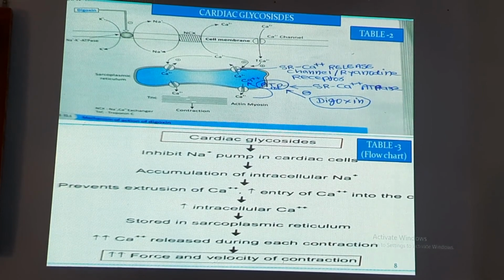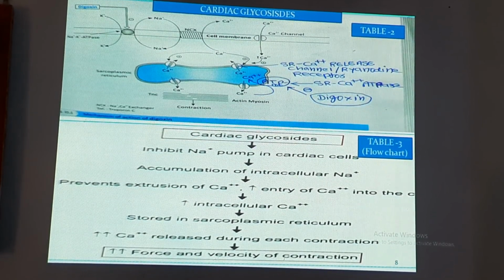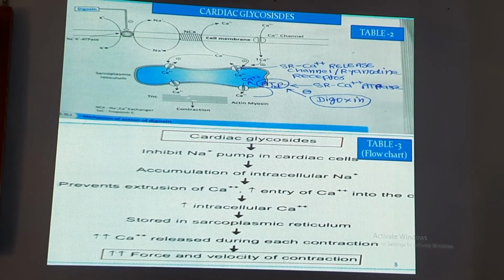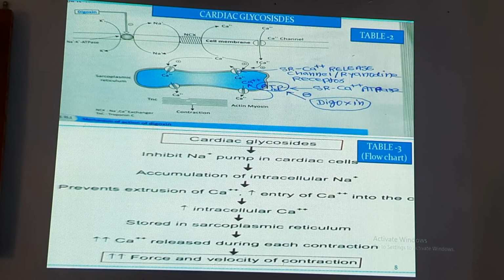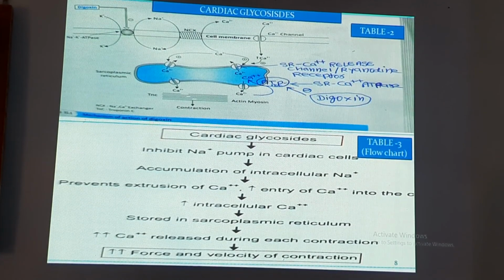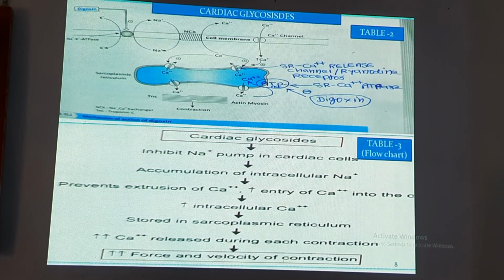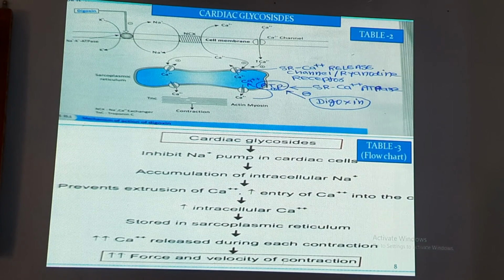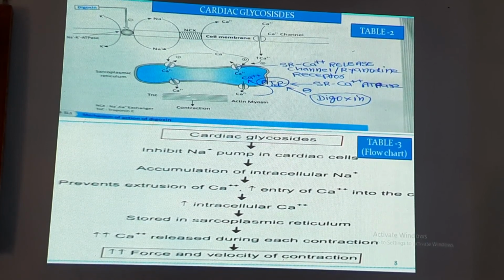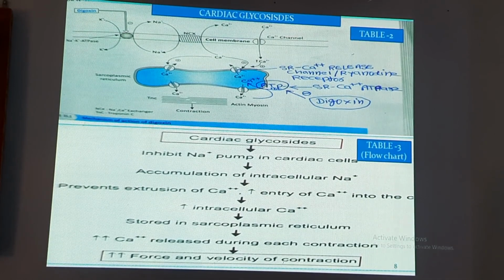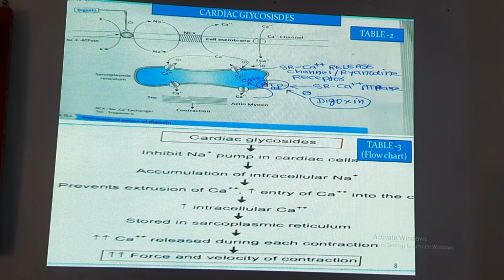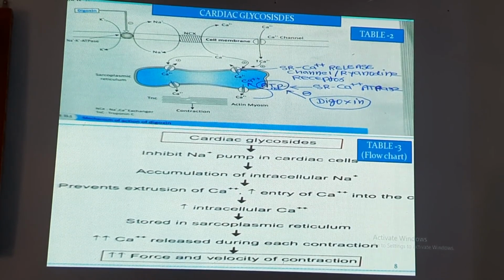So, in the presence of high sodium ion inside the cell due to digoxin, that is, digoxin inhibits the sodium potassium ATPase, shown in the topmost corner, this leads to increased intracellular concentration of sodium ions, and this increased intracellular sodium inhibits the efflux of calcium ion from the cell.